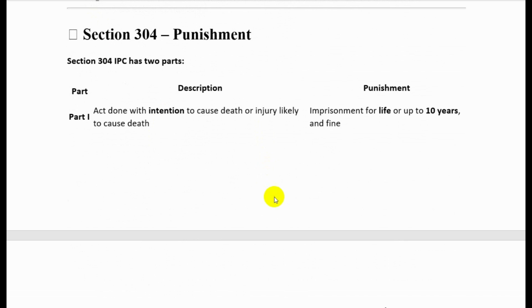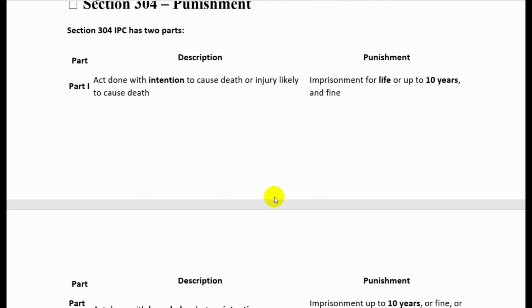What are the punishments under Section 304? Section 304 of the IPC has two parts. One, act done with intention to cause death or injury likely to cause death, and the punishment is life or up to 10 years and fine. So in the first part, the act was done with the intention to cause death, means there was an intention that death should occur or an injury should occur which will likely cause death.